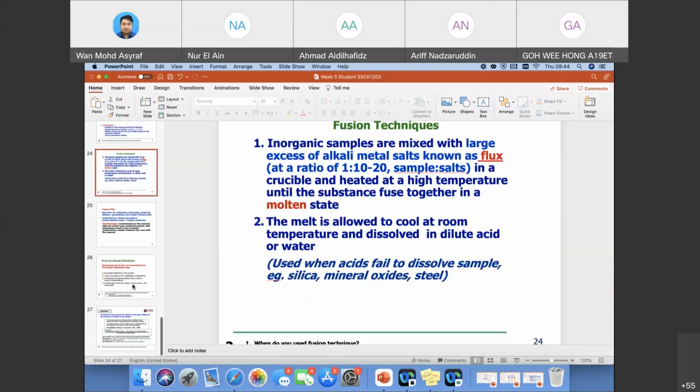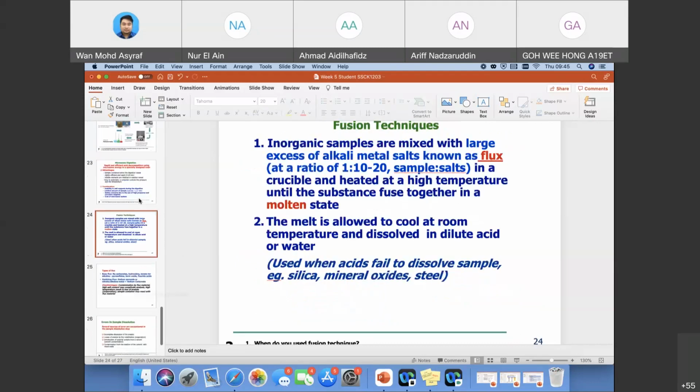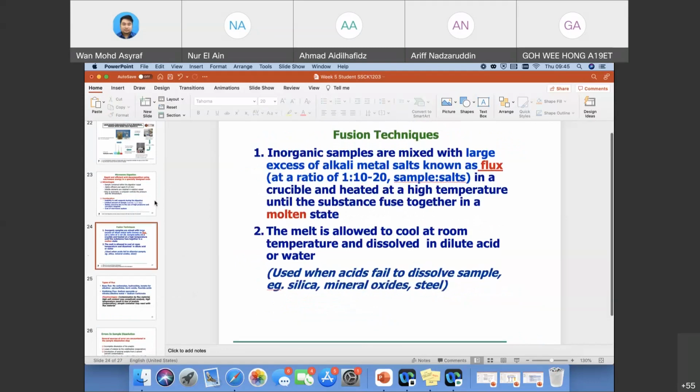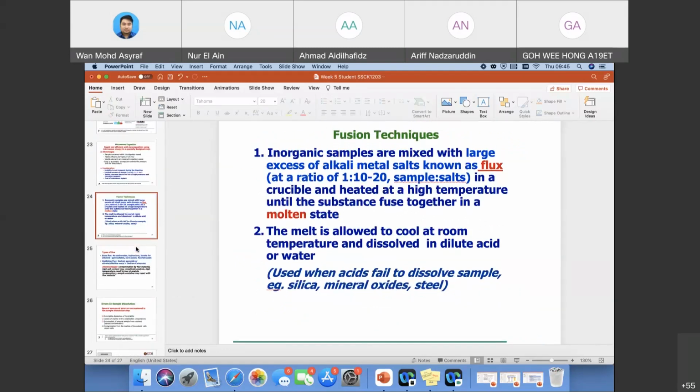All right. So, the other technique is the fusion technique. Fusion is one of the techniques for digestion as well, for you to prepare your sample for inorganic analytes. In the fusion technique, you mix your sample with a large excess of alkaline metal salts, known as flux, in a crucible and heat it at a very high temperature until the substances fuse together in a molten state.